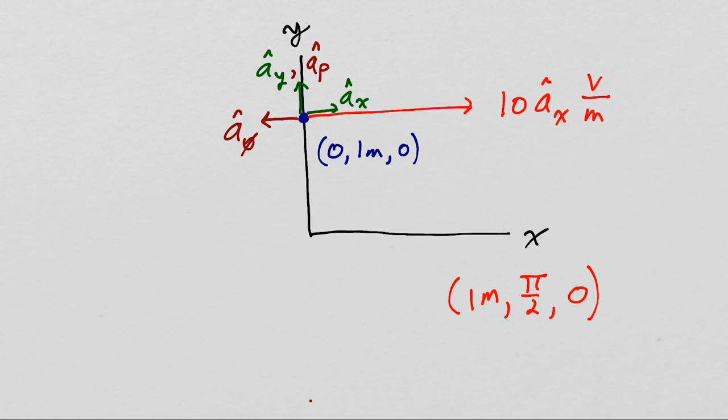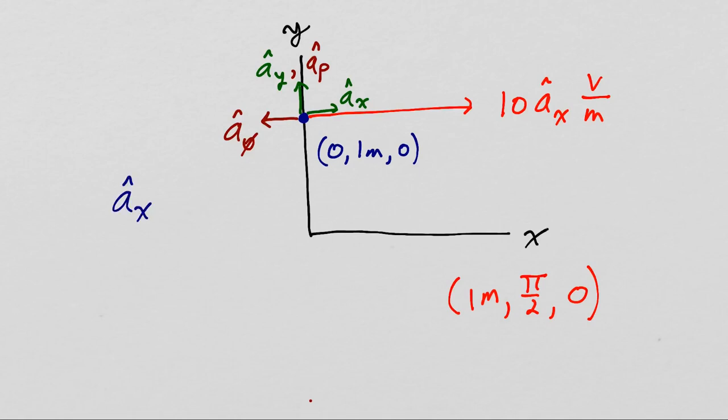At this point, the direction of increasing rho is the same as the direction of increasing y, so here is our unit vector in the rho direction. For this angle getting larger, that's pointing to the left here, so this is the unit vector pointing in the phi direction, in the direction of increasing phi component. So at this point, a sub phi is equal to minus a sub x.